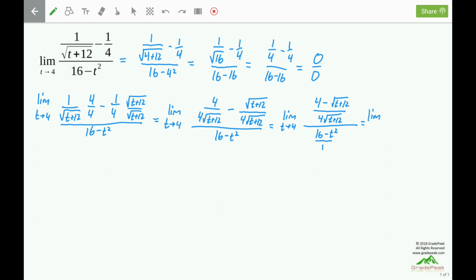So we will have the limit as t goes to 4 of 4 minus the square root of t plus 12 divided by 4 times the square root of t plus 12, and then multiply this by the reciprocal of the denominator, which will be 1 over 16 minus t squared.